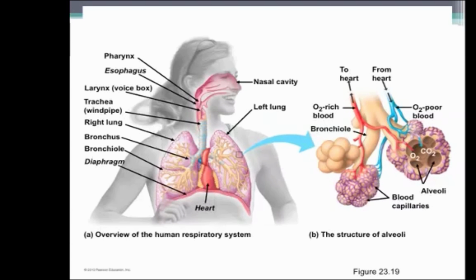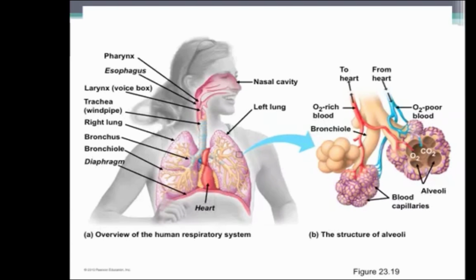It's oxygen poor, and it encircles the alveoli, which you can almost compare to grape bunches. They're small, hollow sacs where the gas exchange occurs. So there's a huge capillary network surrounding the alveoli.